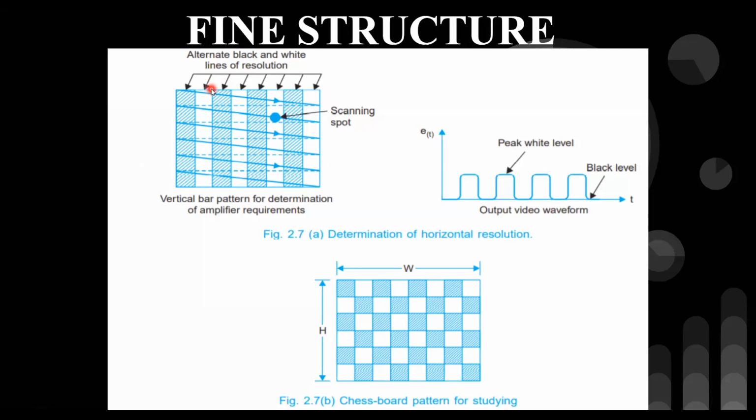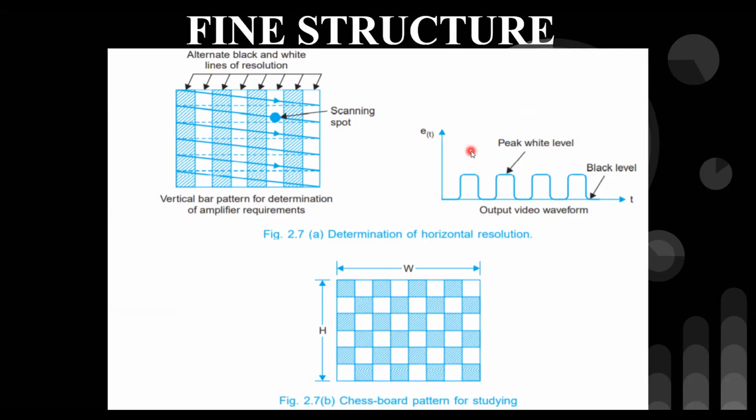So therefore, scanning of this particular bar pattern is required to maintain the particular link. So to maintain the particular thing, it should be located at the point where your scanning of the particular spot is able to be identified.